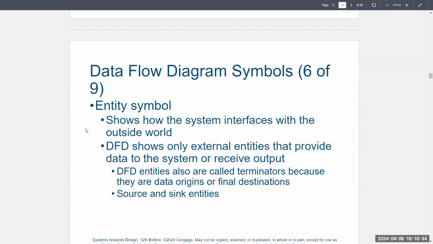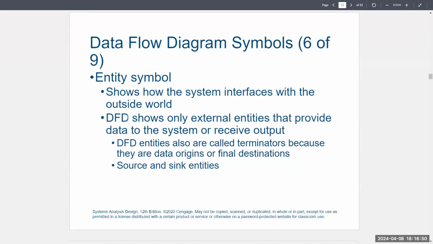So entity talks about some of the external systems that our system can interface with. It's what's called an entity symbol, that 3D box we saw earlier. Related to the entities, DFT shows only external entities.